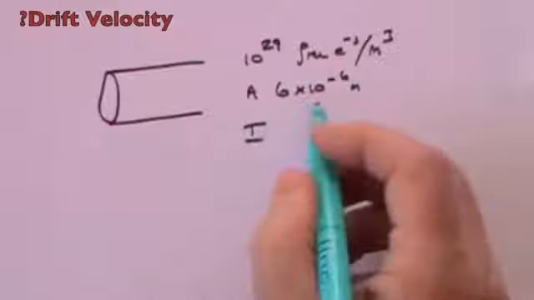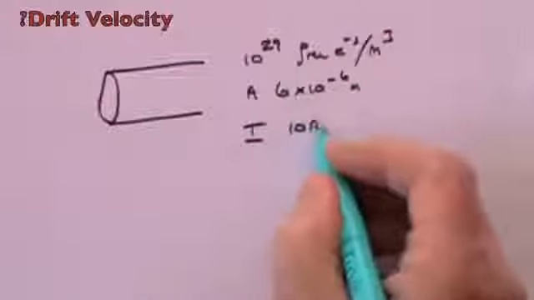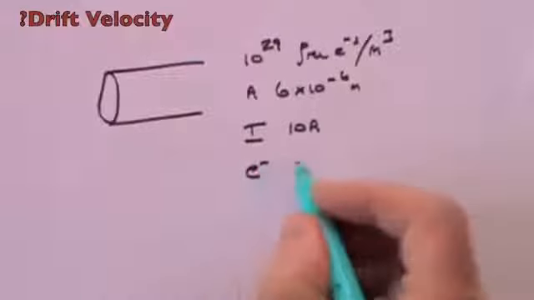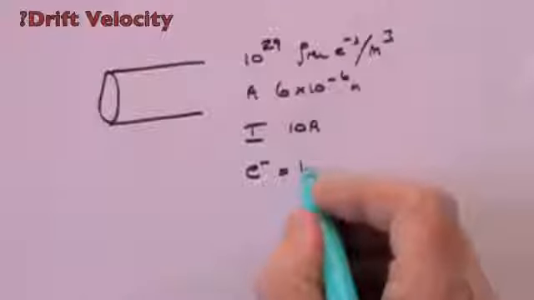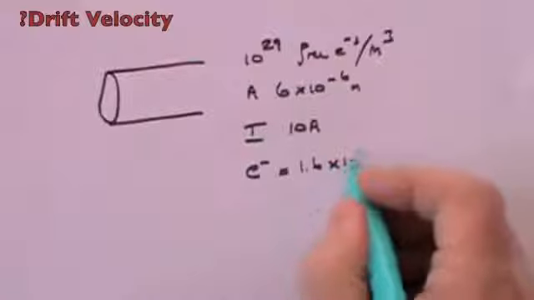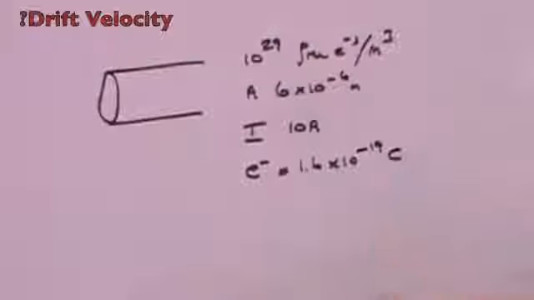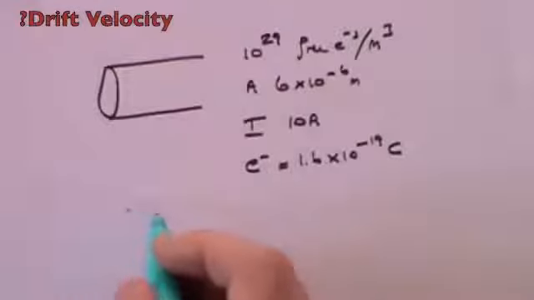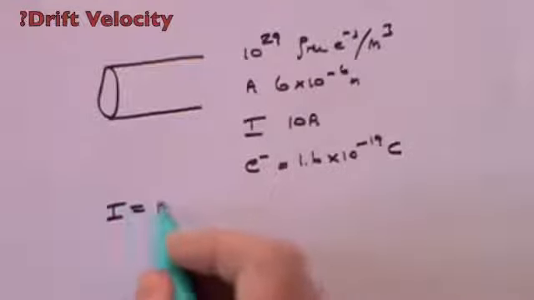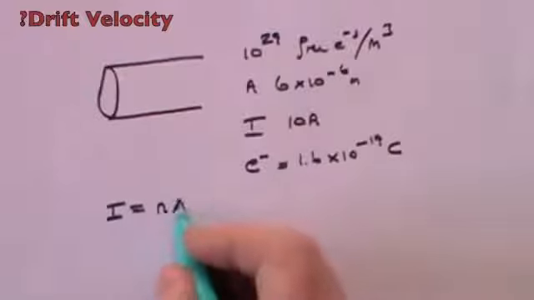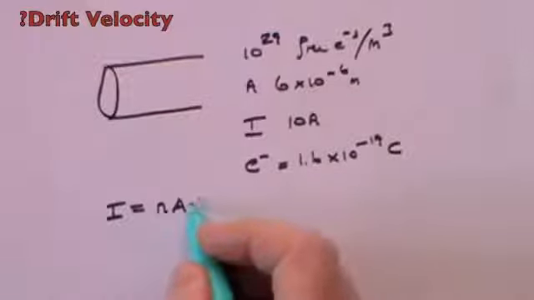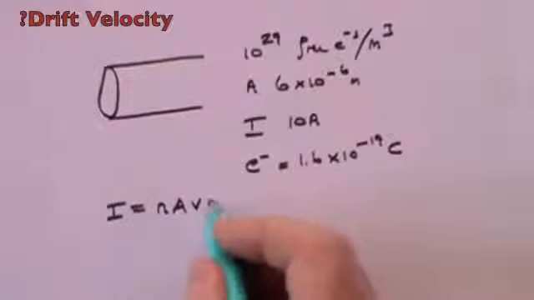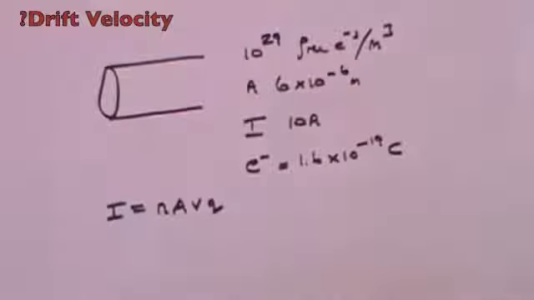The current flowing through the wire is 10 amps, and the charge on an electron is 1.6 times 10 to the minus 19 coulombs. The formula we're going to need is the one that says that the current is equal to the number of charge carriers times the cross-sectional area times the drift velocity times the charge on each carrier.